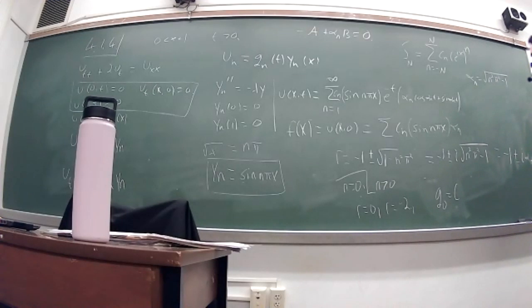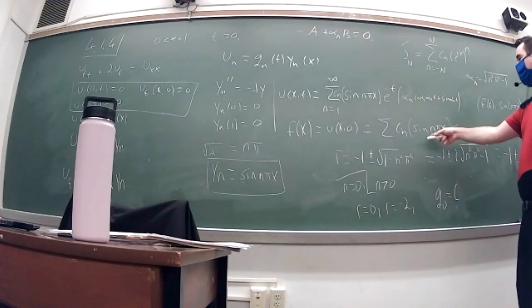And if you just take the L2 inner product of f of x with sine n pi x, that's what you get on the left-hand side.